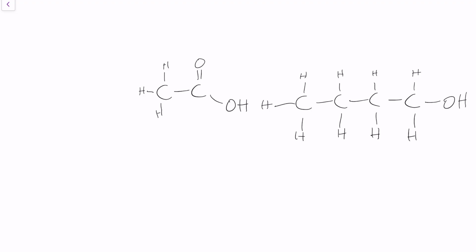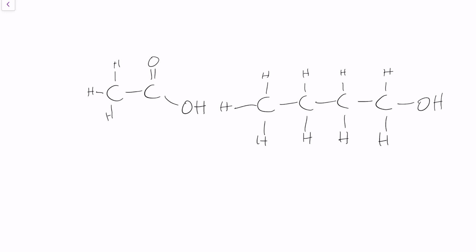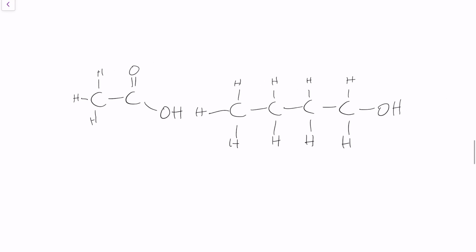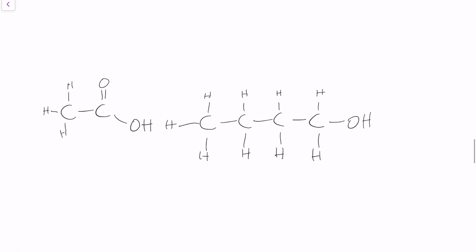So essentially, when we're doing a condensation reaction, we are removing water. Think about it: if we're removing water, what is water? H2O, right? So 2 hydrogens and 1 oxygen.